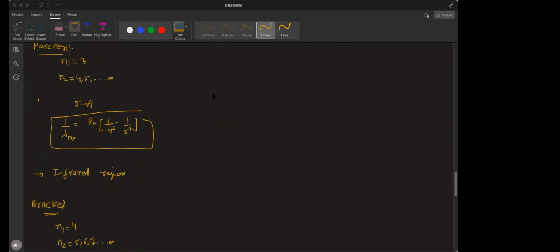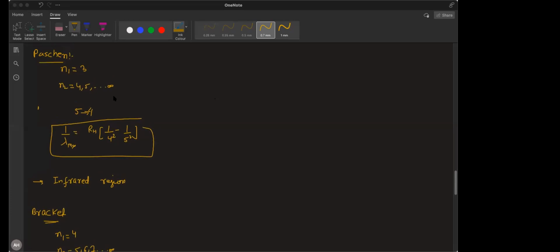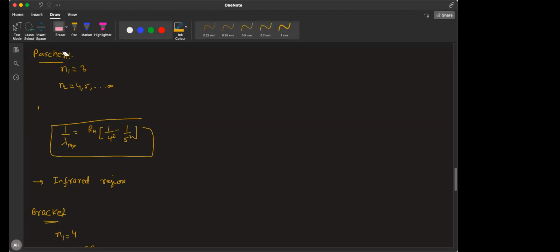Yes, for Paschen N1 is 3, right? But in the formula, why did we write 4 square? Sorry, this is first. So it's 3 square minus 4 square.